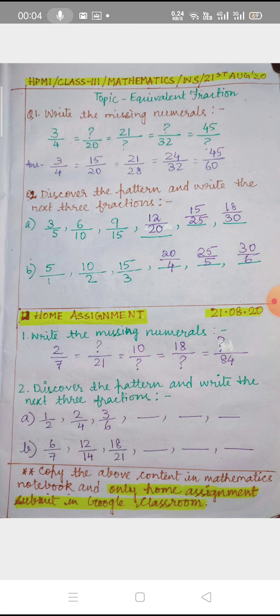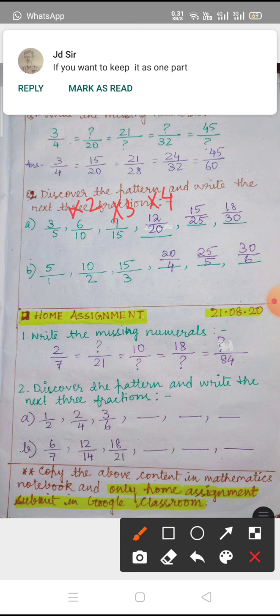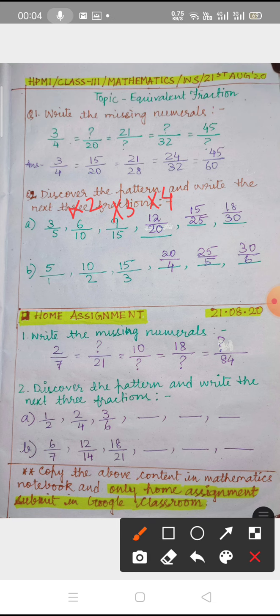So for the first fraction we have multiplied by 2. For the next fraction we have multiplied by 3. So now what do we need to multiply? Yes, we need to multiply by 4, the next fraction by 5, and the next by 6.